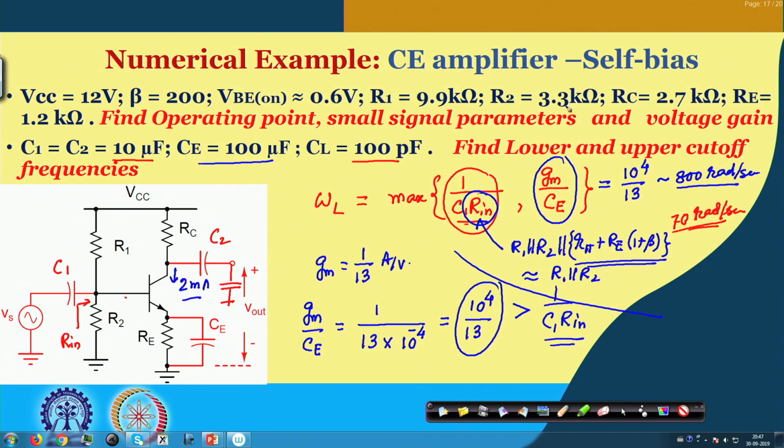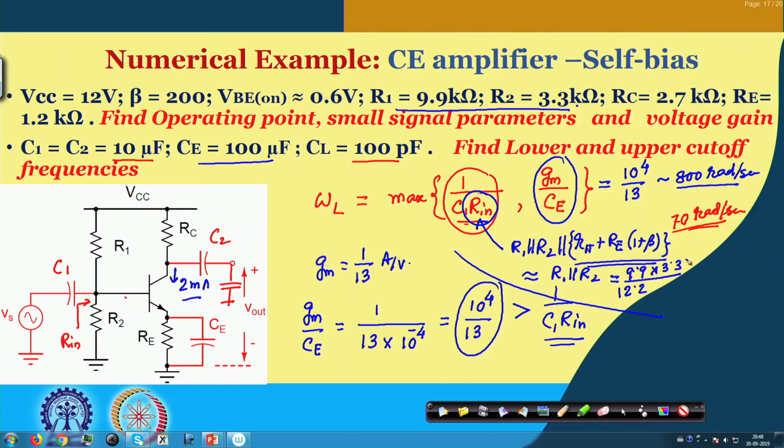Earlier we have discussed its value, no, we have not discussed. So we have to consider these two in parallel, and we have 3.3 K here and 9.9 K. So we get 9.9 K multiplied by 3.3 K divided by 12.2.